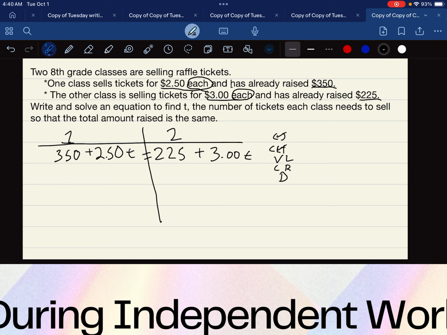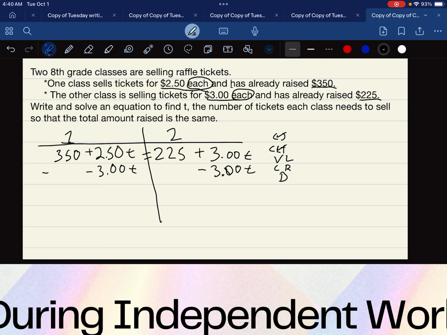So we're going to start off. Opposite of a positive is a negative. What I do to one side, got to do to the other. See, notice how I line up my t's. If you'll write down your t's, it's easier to notice that you didn't put it under a t.